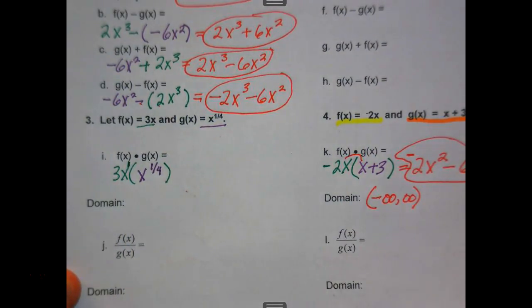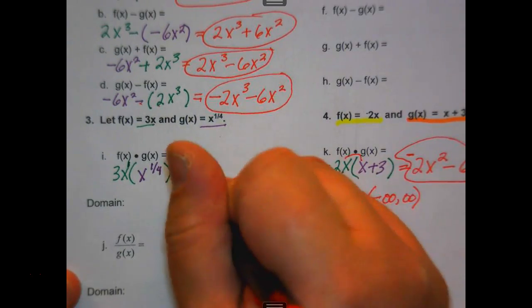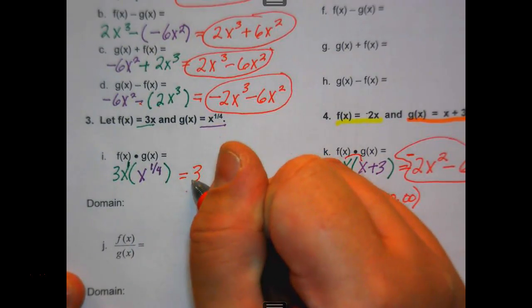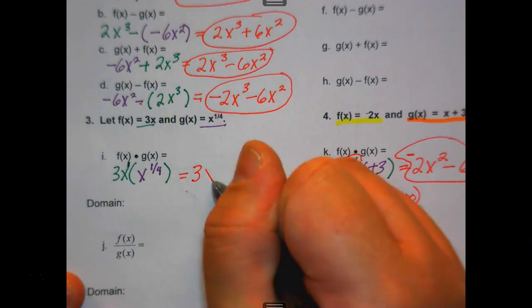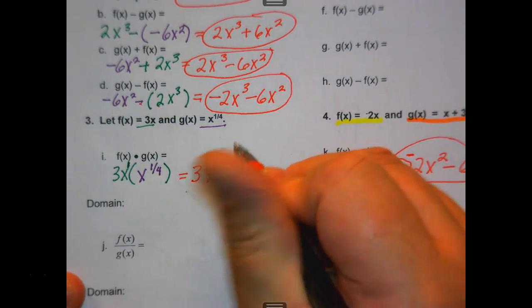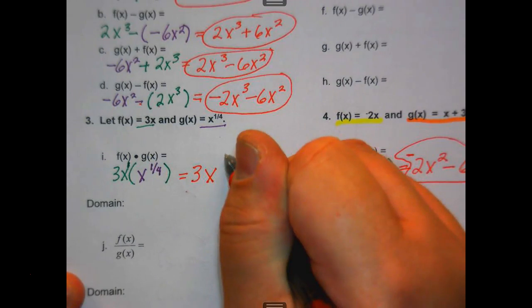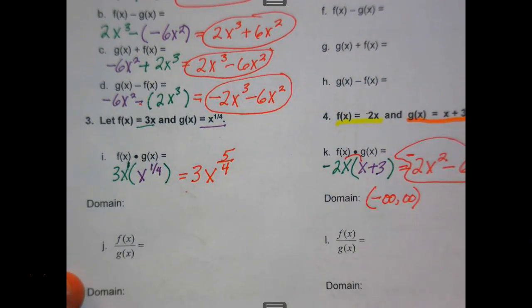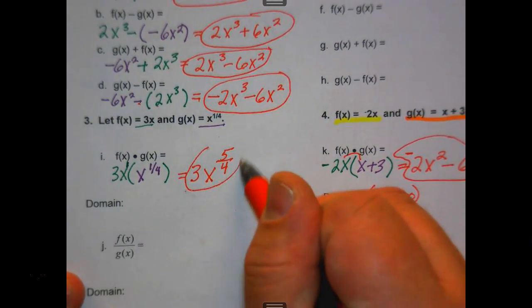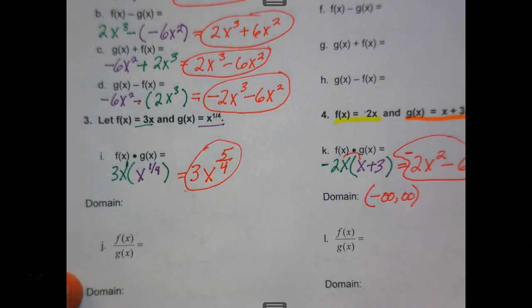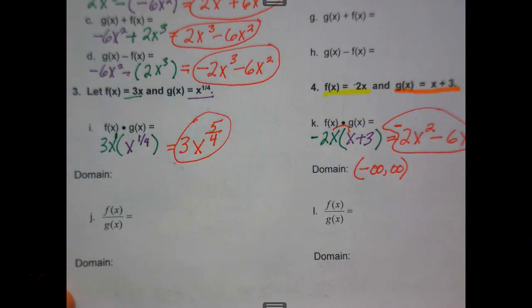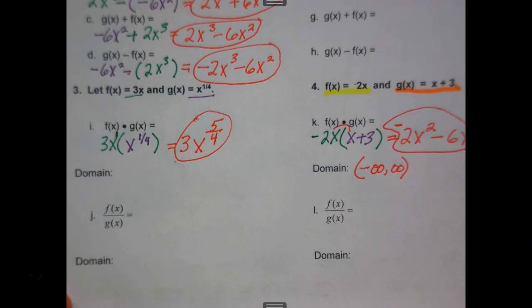When I multiply with the same base, I do what to the exponents? Add them. So 1 is 4/4 plus 1/4 is 5/4, right? Okay. I'm adding exponents. 1 plus 1/4 is 5/4.